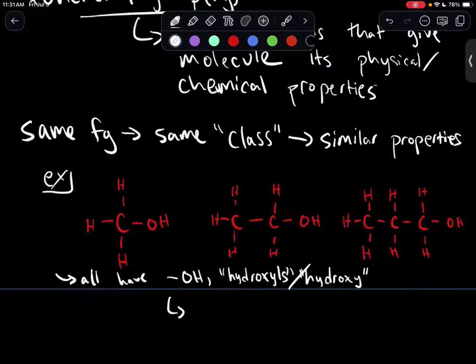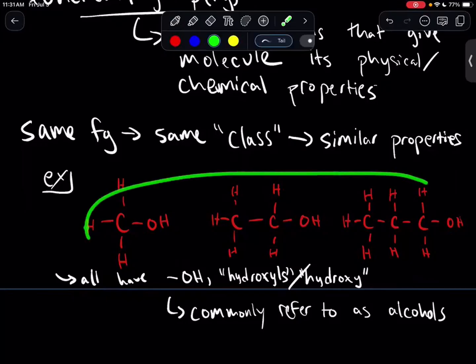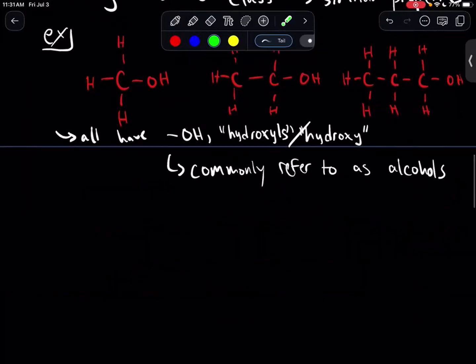Now, we commonly refer to this as alcohols. That is a common name for the hydroxy functional group. And so we can note that all three of these compounds will act similarly in some respect because they have the same functional group and the same class. So with that said, let's just start jumping into all the different functional groups.